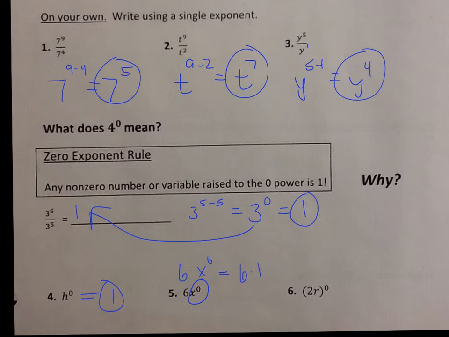But we haven't multiplied by that 6, so after we do the x to the 0, which is 1, we have to multiply it by 6, and we get 6. Alright, number 6. Here we're taking the quantity 2r, this whole thing to the 0 power, so no matter what 2r is, if it's raised to the 0 power, we get 1.